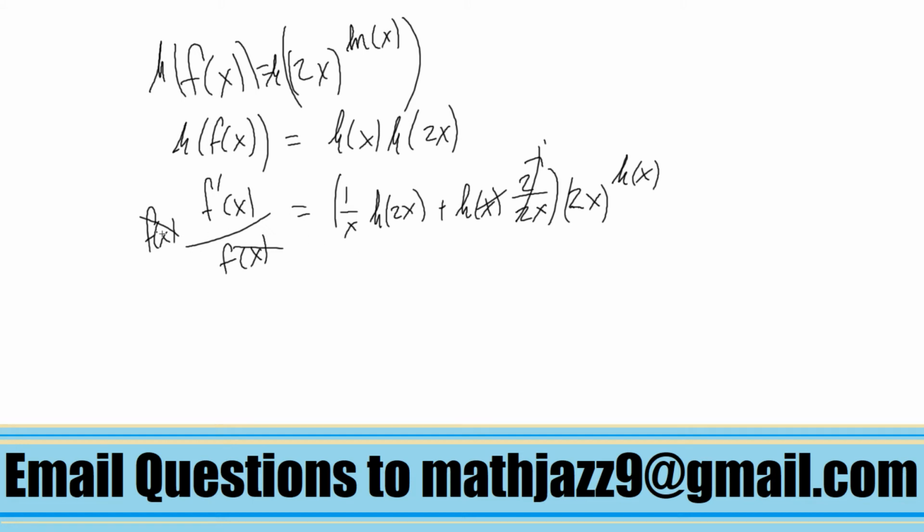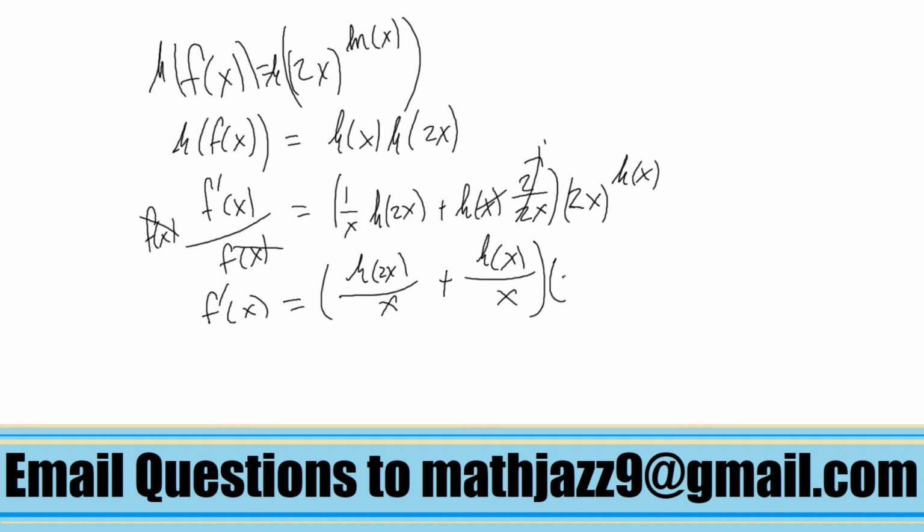So we canceled the f of x on this side, we multiplied by f of x on this side, and we get our final form of the derivative. F prime of x equals ln 2x over x plus ln x over x, times 2x to the ln x.